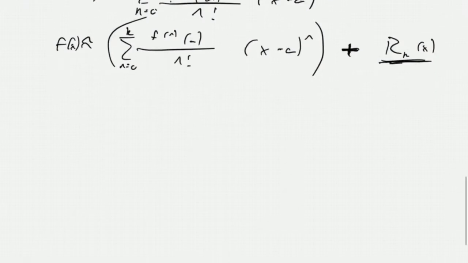So there's a nice theorem, I believe it's called the Taylor remainder theorem. There's a really nice theorem that gives us a really simple form for the error, actually.